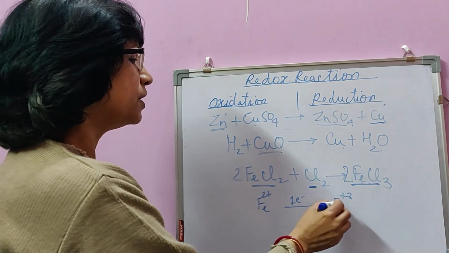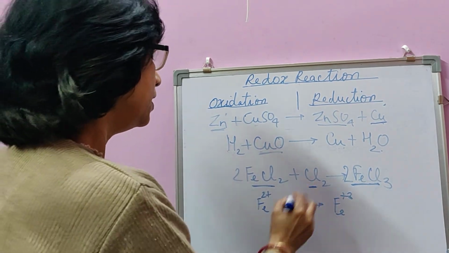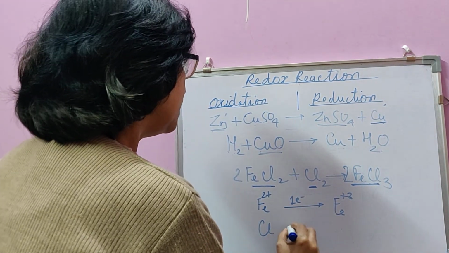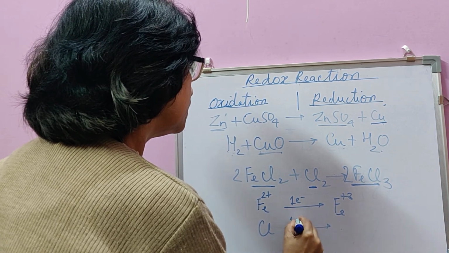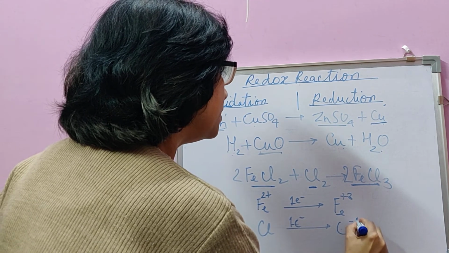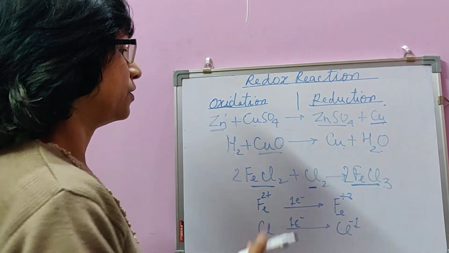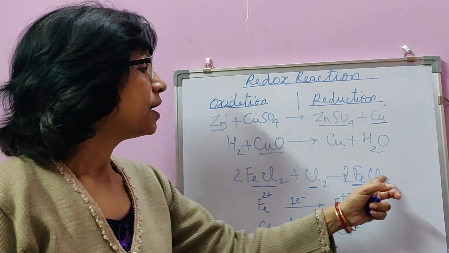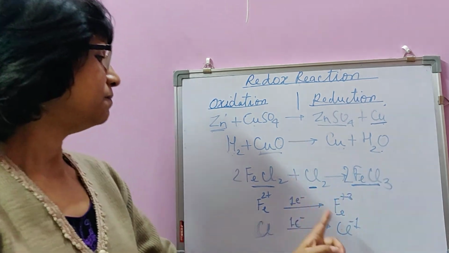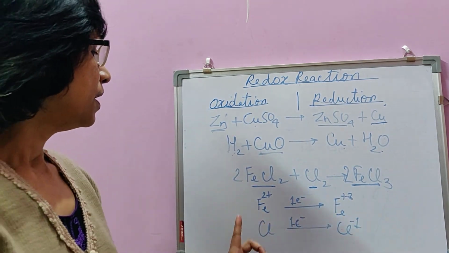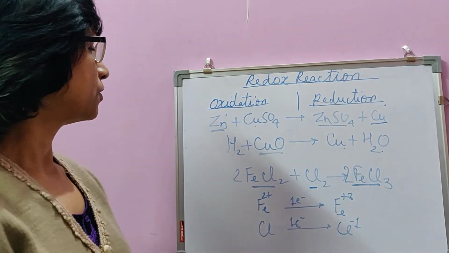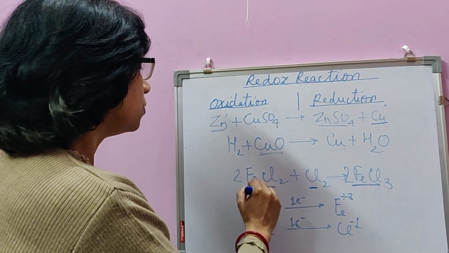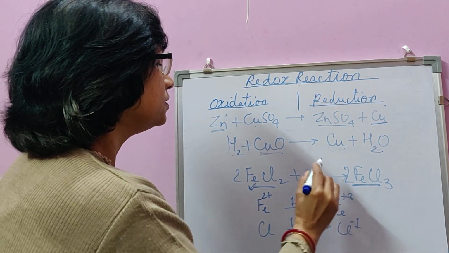Fe plus 2 becomes Fe plus 3 by loss of electron, and Cl becomes Cl minus 1 due to gain of electron. So this chlorine has become Cl minus 1 with gain of electron, and this iron has become Fe plus 3 due to loss of electron. So iron is oxidized and chlorine is reduced.